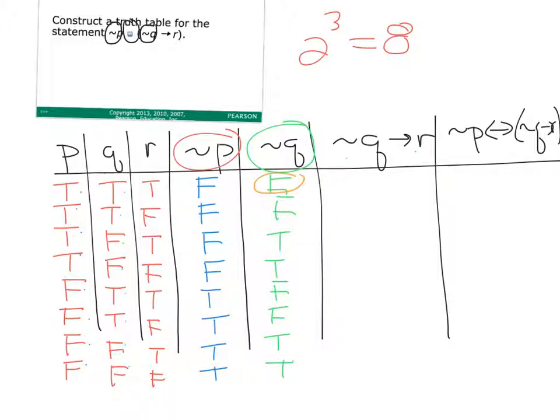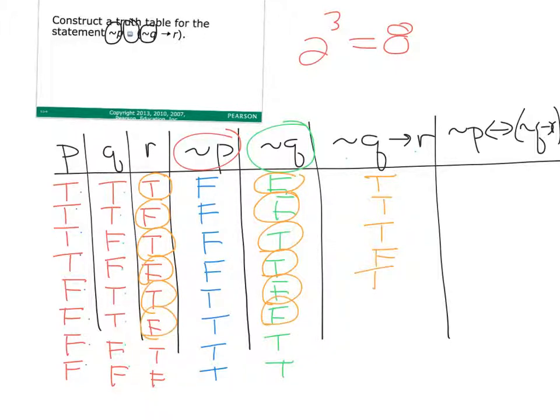So we have a false followed by a true, false, false, true, true, true, false. That's bad. False, true, false, false, true, true, true, false. That's bad.